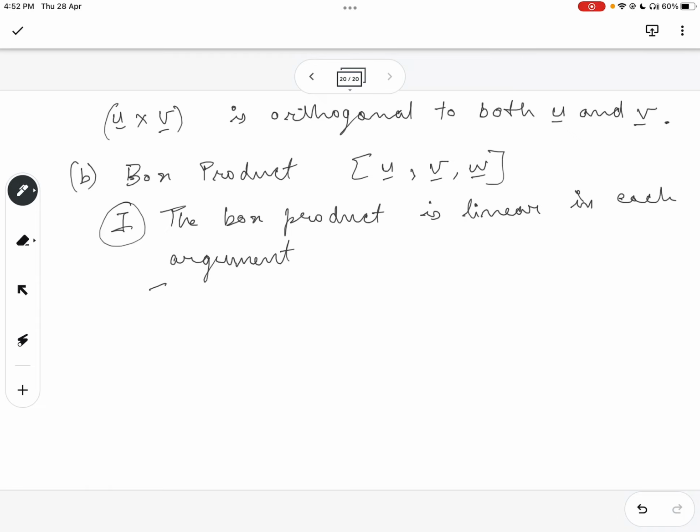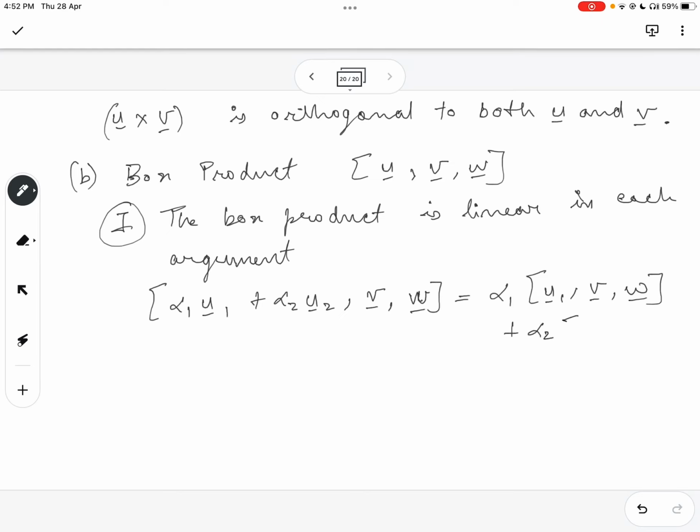That is, alpha 1 u1 plus alpha 2 u2, v, w is equal to alpha 1 u1 v w plus alpha 2 u2 v w. The same can be done for v and w as well.